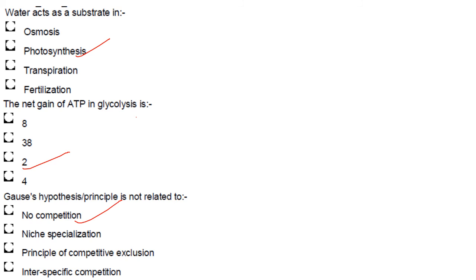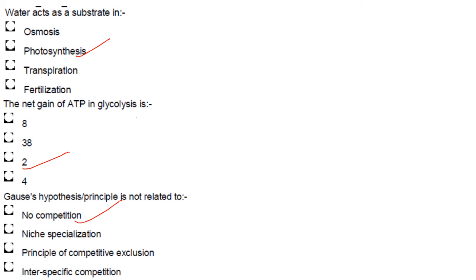Then Gauss's hypothesis or principle is not related to. So Gauss's hypothesis or principle states that no two species can occupy the same niche indefinitely for the same limiting resources. And what is niche specialization?